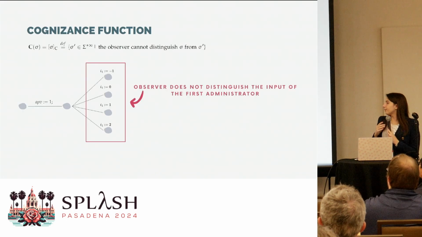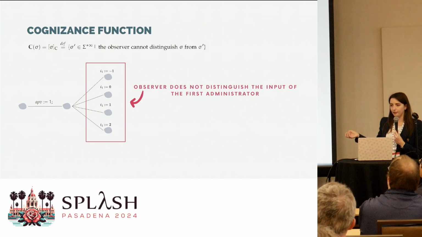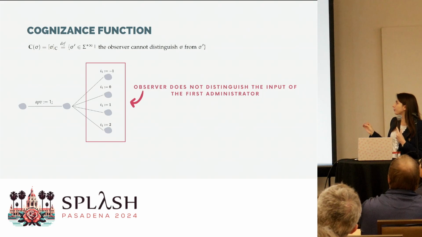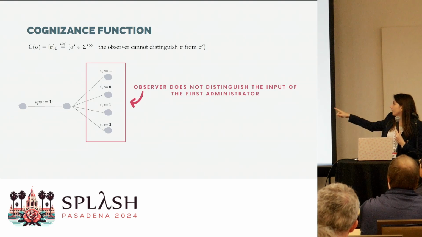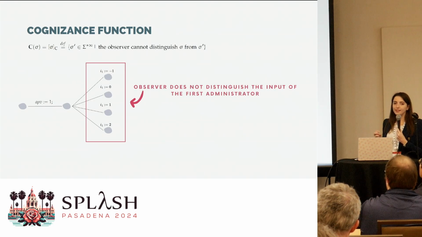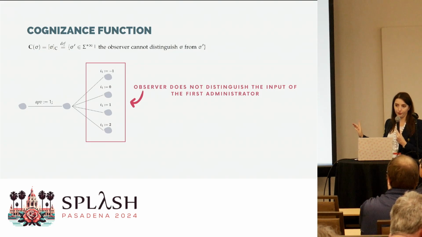The cognizance function is an equivalence relation among the traces, and it models the observer perspective. So, for example, if the observer couldn't see the value of I1, the cognizance function couldn't see the value of the first administrator.